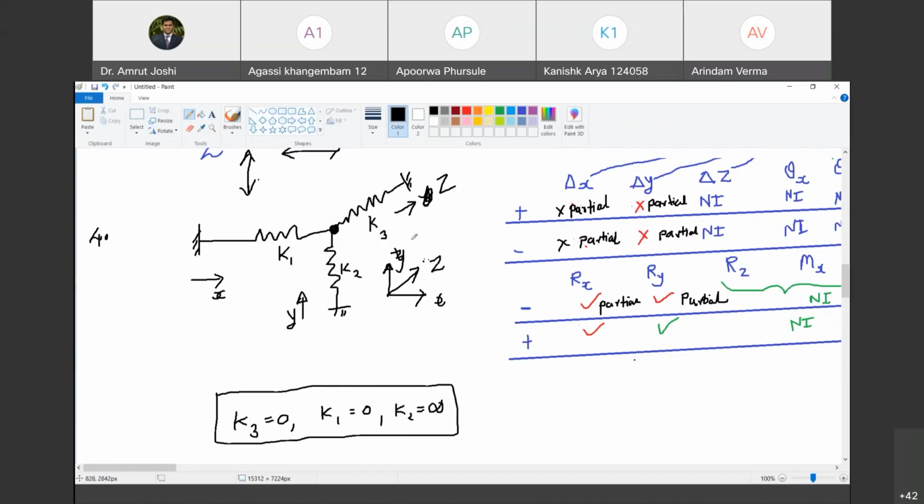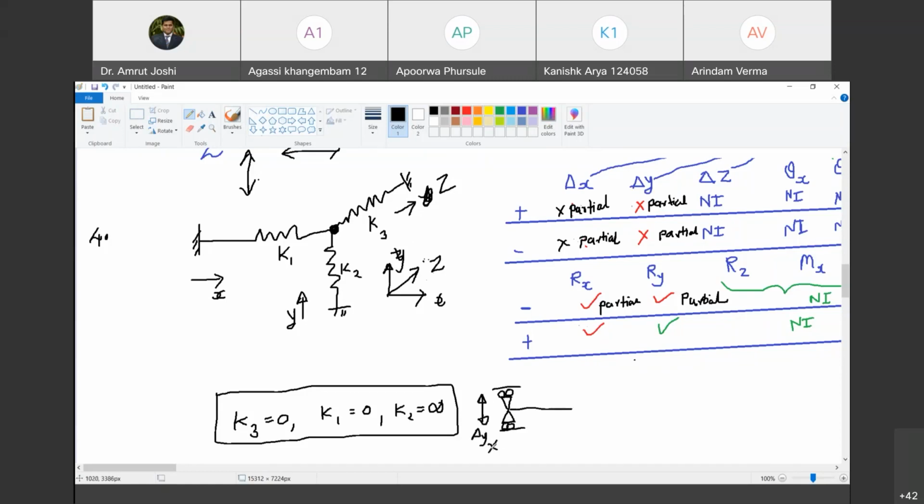Happy? And the moment I say K2 is equal to infinity, that means delta y positive and negative both are restrained. So what kind of support is it? It is called a double roller support, not hinge. Look, this is double roller support. Delta y positive and negative both is not possible. Do you agree with me?